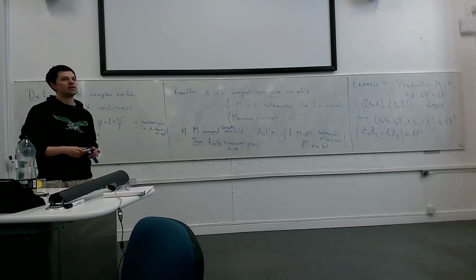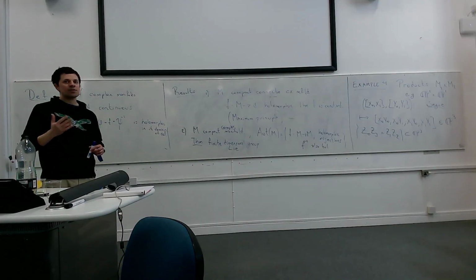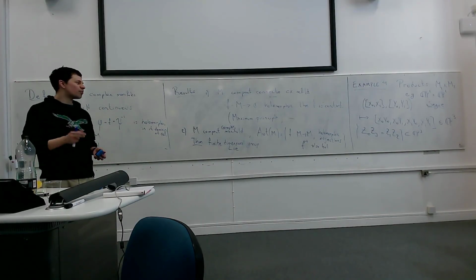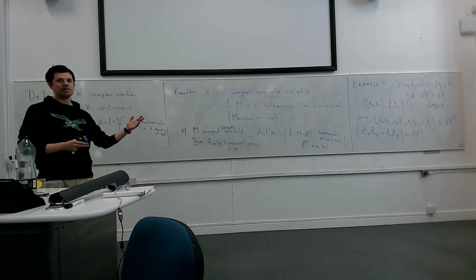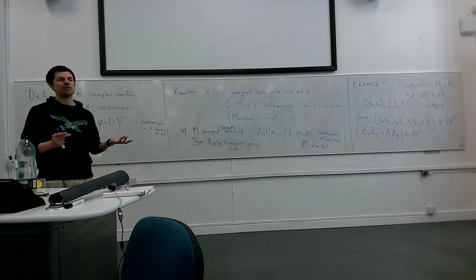So the way I think of this Lie group, if you look at the Lie algebra of it, the Lie algebra is the set of holomorphic vector fields. What is that? Holomorphic vector fields are holomorphic sections of the tangent bundle, and the main result is that this set of vector fields is a finite dimensional vector space.